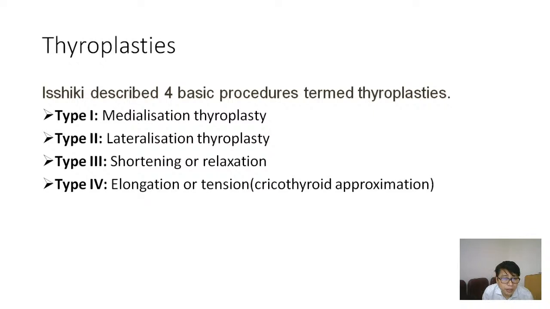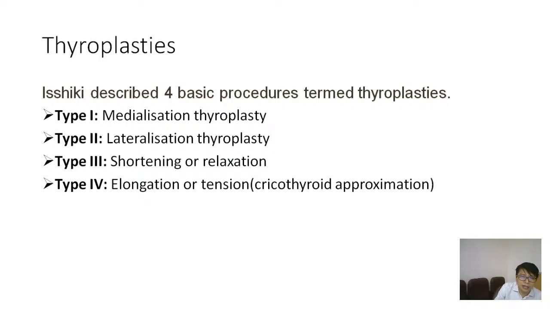Another important surgery which we do in laryngology is thyroplasty. Thyroplasty is a laryngeal framework surgery which is mainly done for the voice. There are 4 types described. Type 1 is medialization of the vocal cord.